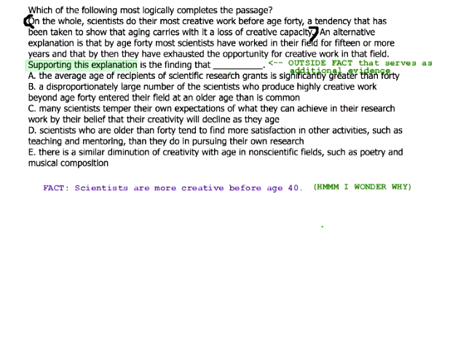So a tendency that has been taken to show, so some people think that you just get too old to be creative. All right, now where do we go when we mention, like, other people think this, or it has been believed, lots of people think, experts have said?